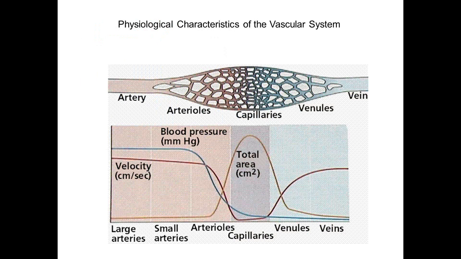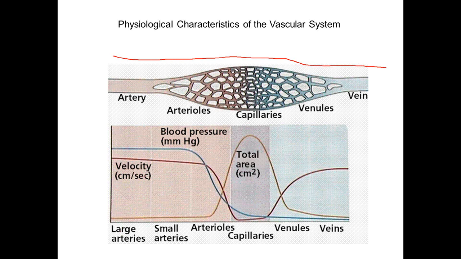I put this diagram in because I think it explains some important relationships and dynamics of the vascular system. It shows you the blood circulation from the artery, through the arterioles, through the capillaries, through the venules, and back through the veins. But it also shows you underneath a series of readings.